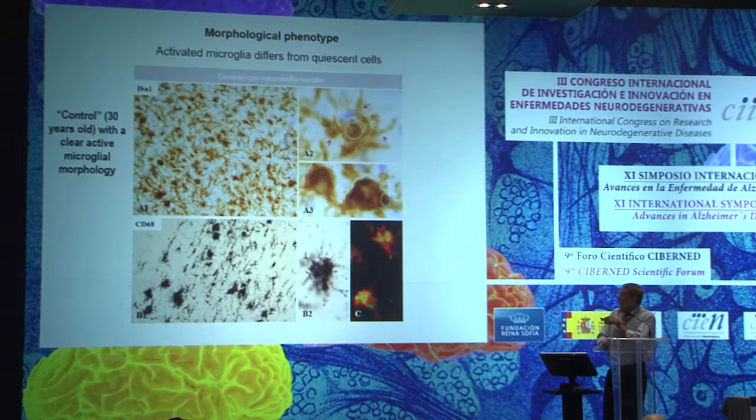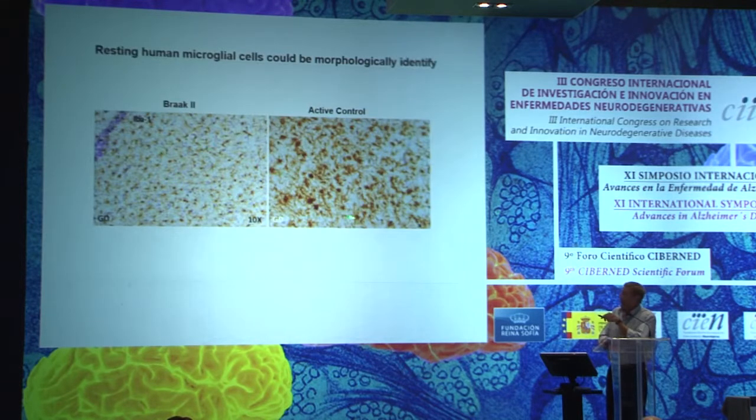However, when active, these microglial cells are clearly distinguished from the resting morphology. This is a particular case, a control case, a 30 years old case with apparently no pathology that exhibits a very clear inflammation. As you can see here, these microglial cells are rounded cells indicating a very clear activation that is visually different in morphology from the BRCA2 microglial cells in our hands.